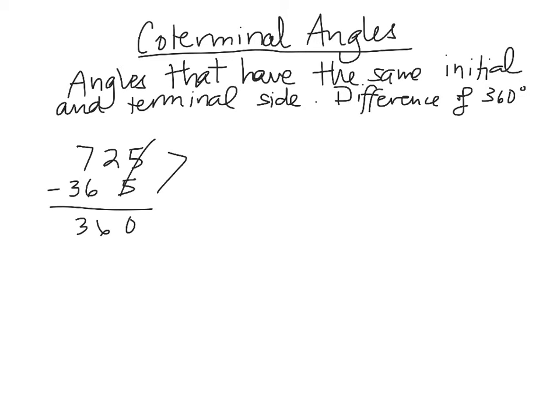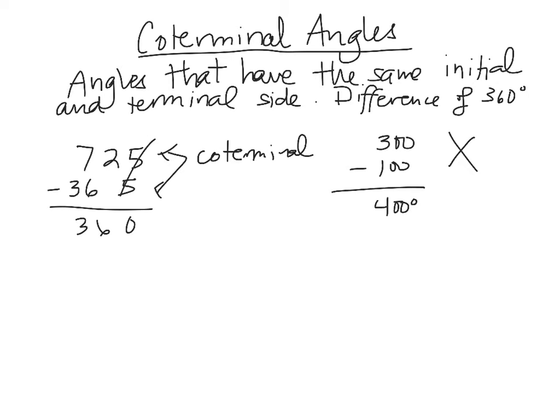So these two angles are coterminal. They will start and end at the same spot. If I have 300 degrees and negative 100 degrees, if I subtract these, there's a 400 degree difference between those two numbers. So these are not coterminal.